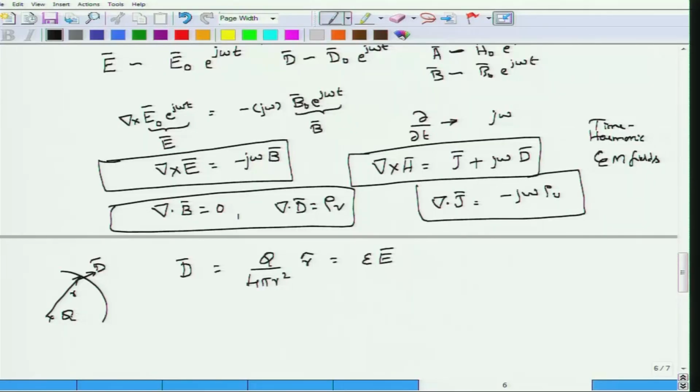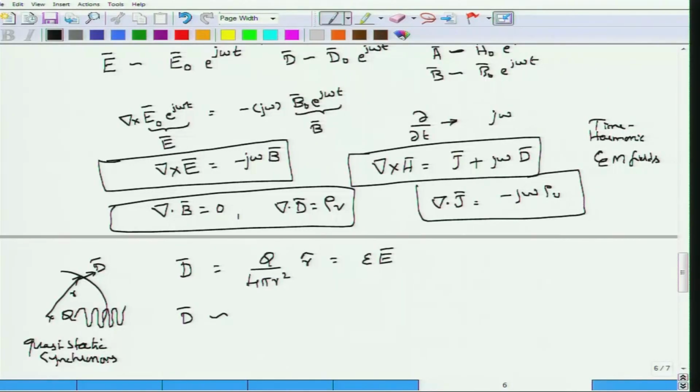What if this charge is actually varying slowly with time in the form of, say, some sin omega t? If that happens, then one might reasonably expect that D would also start varying slowly. The key word here is that it is actually varying very slowly. Technically, this is called quasi static, or sometimes synchronous variation.